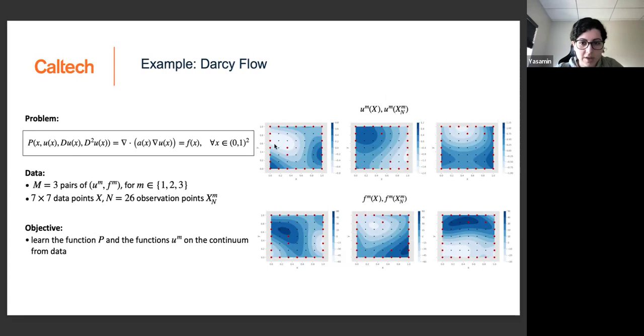So if I want to give an idea of how we could approach this, we can take three pairs of different functions, um and fm. So essentially this is u1, u2, u3, f1, f2, f3. And then again, in this example, what I'm showing you, the boundaries are observed. And then you can see that for u1, for example, there's these 2 points.